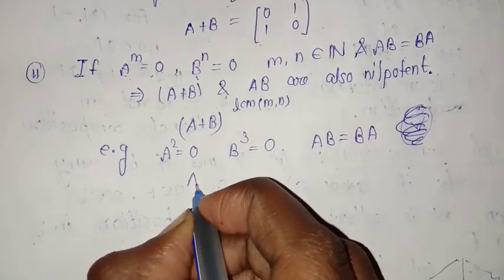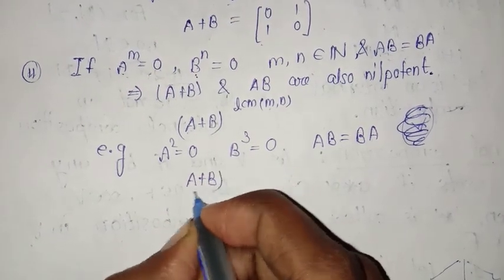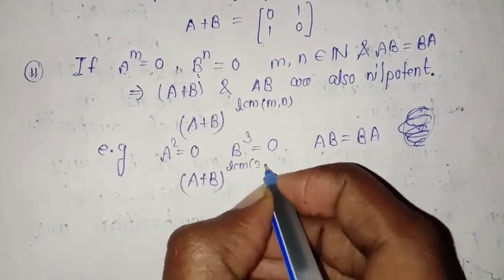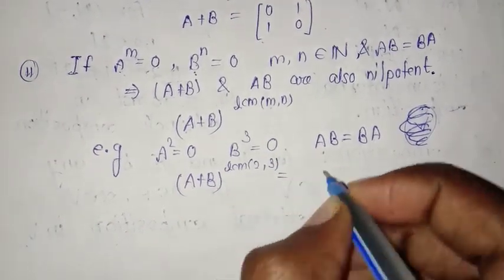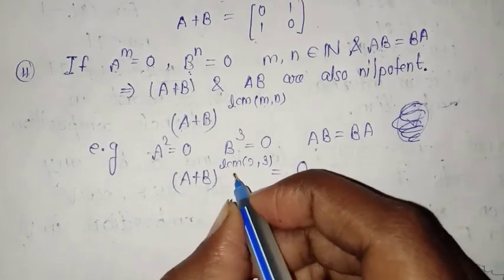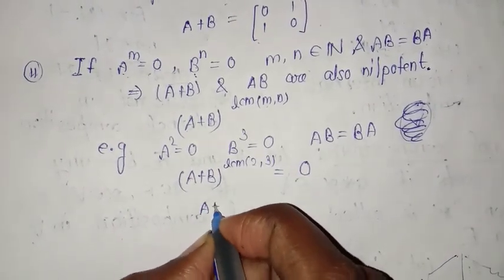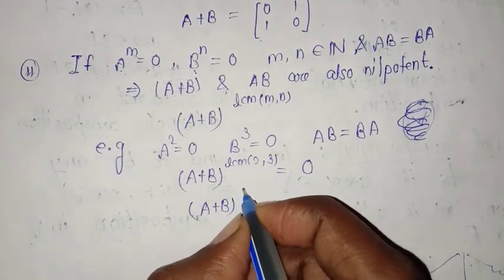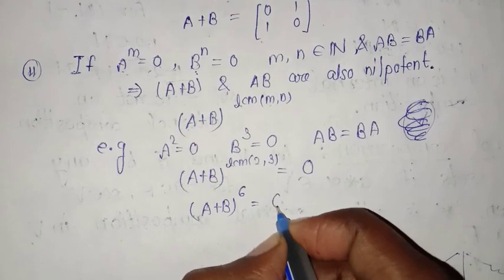In that case, if you want to calculate the index of nilpotency of A plus B, you have to take the LCM of 2 and 3. That is, (A plus B) to the power 6 equals 0, so the index of nilpotency for A plus B becomes 6.